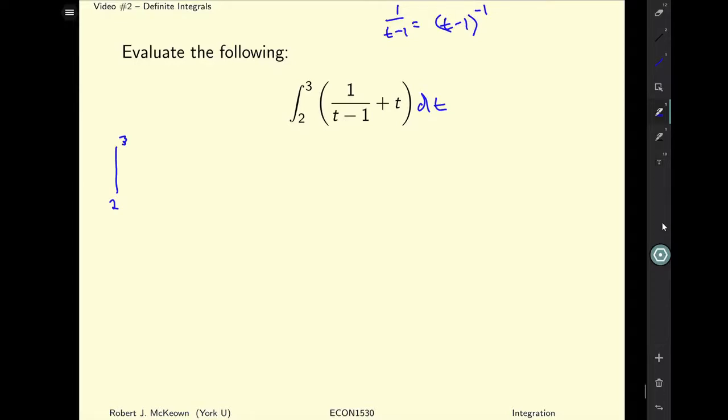When we integrate, it's going to give us the natural logarithm. So I'm going to get the natural log of t minus 1. The derivative of that is 1 over t minus 1, plus t squared over 2. So using the sort of the reverse power rule.